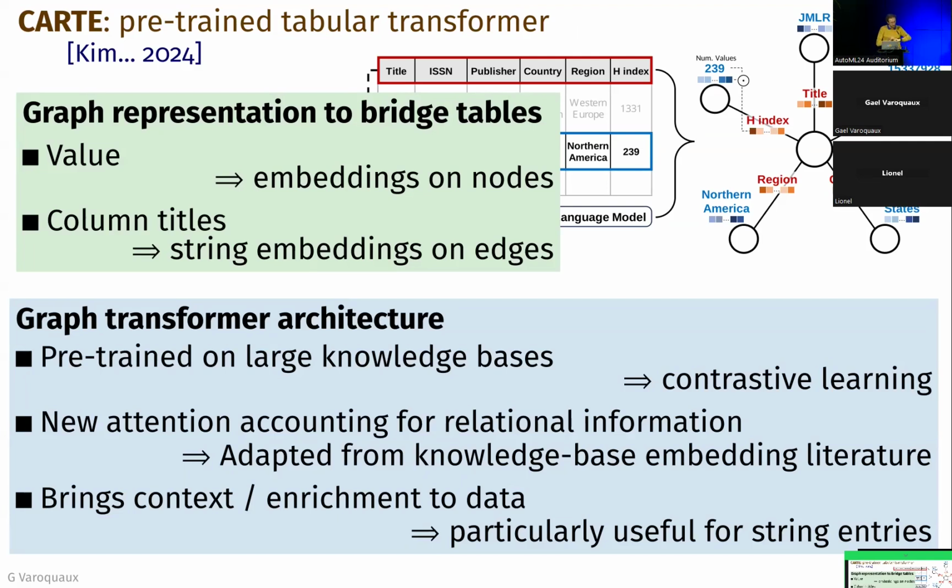I don't want to go into details because I'm running out of time and it's not the topic of the talk. But once we have this, we can pre-train and we get a model that seems to work well. I really think this is just the beginning, by the way. This model is called CARTE, and we're excited about this.